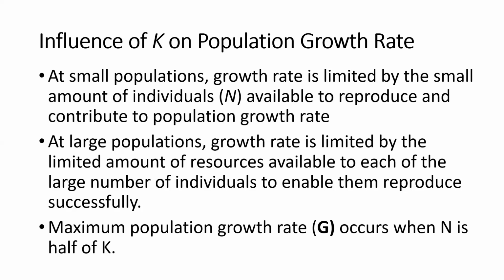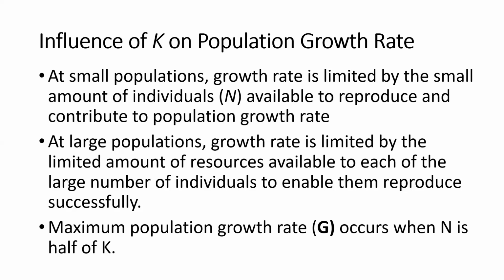A small population growth rate is limited by the small number of individuals available to reproduce and contribute to population growth. And at large population size, the growth rate is limited by the limited amount of resources available to each of the large number of individuals to enable them to reproduce successfully. So small and big are two extremes.